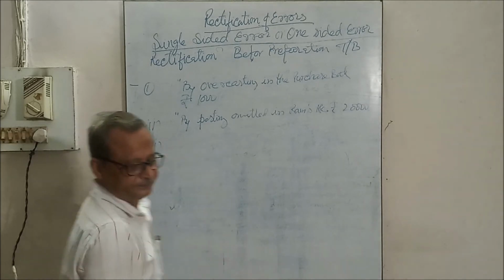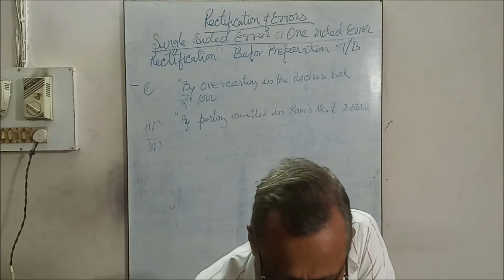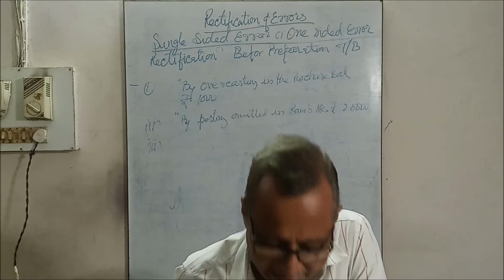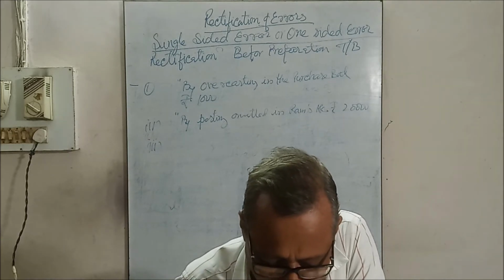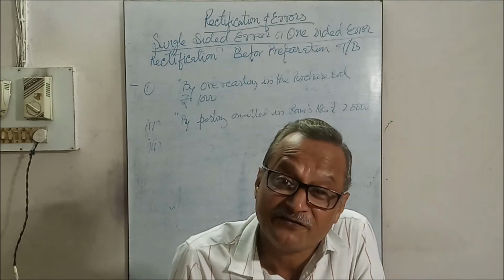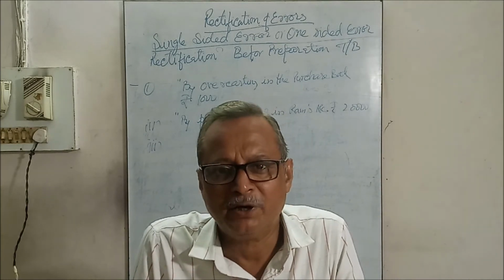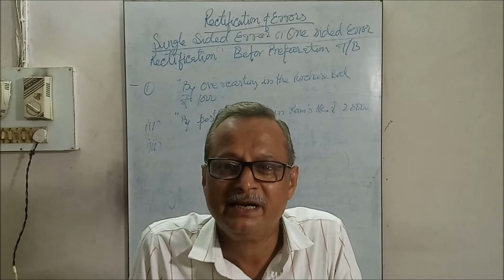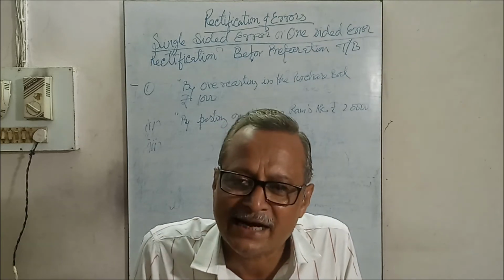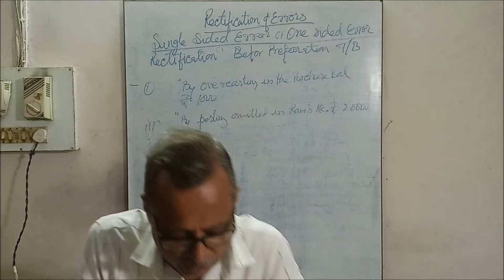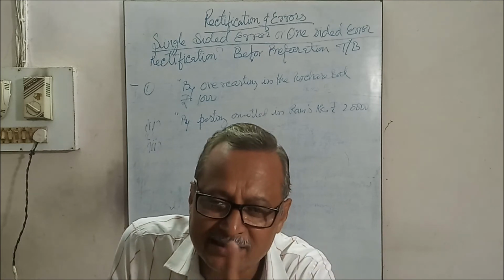Third item, purchase from Shyam 15,000 has been posted to the debit side of his account. Purchase from Shyam. Shyam should be credited, but wrongly posted in the debit side. It is a clerical mistake. So on the credit side you have to correct with double amount. Double amount here means debit plus credit item.